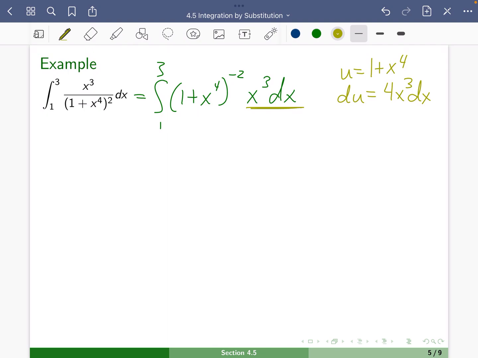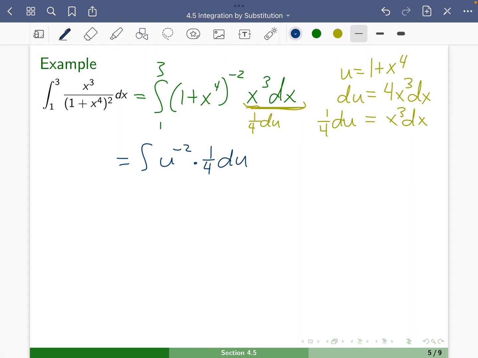We have our x cubed dx, so I'll do this the other way that I mentioned. So x cubed dx is 1/4 du, so we could replace this with 1/4 du. And so now we have an integral of u to the negative 2 times 1/4 du.